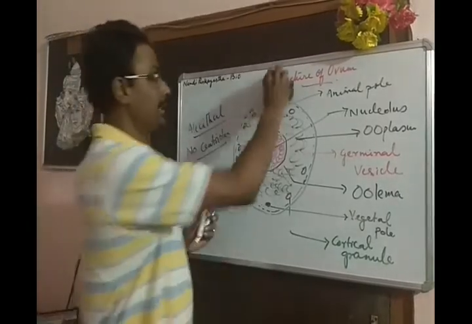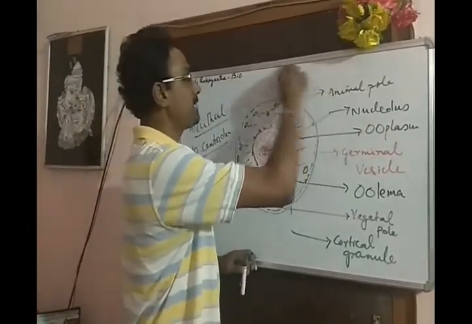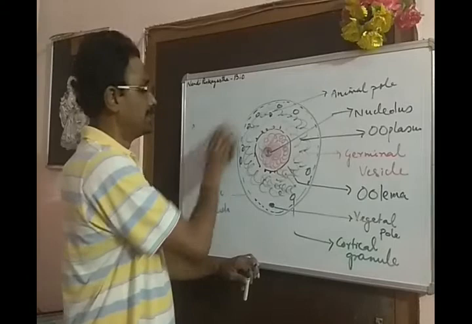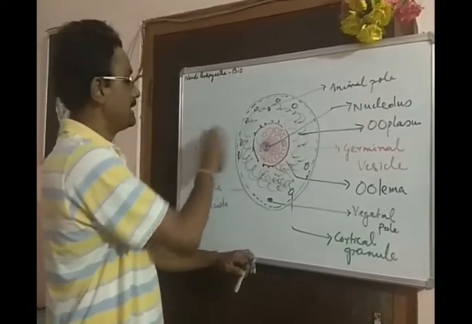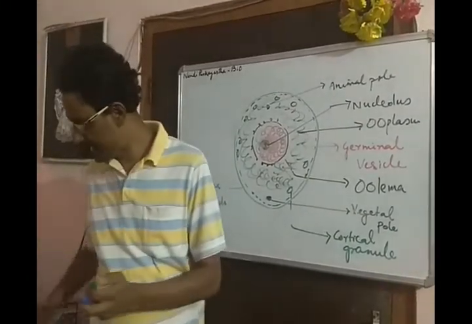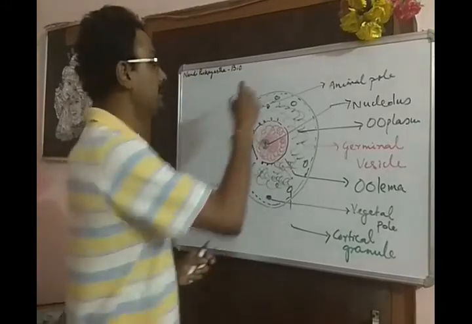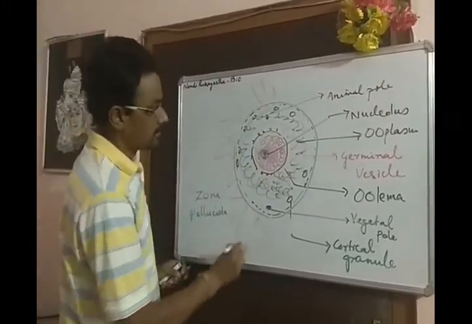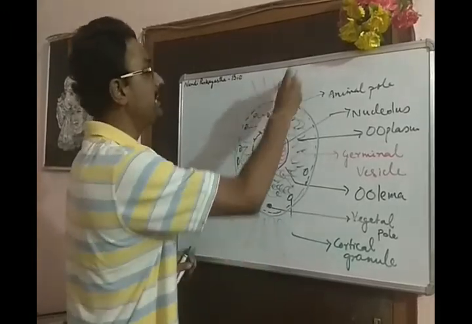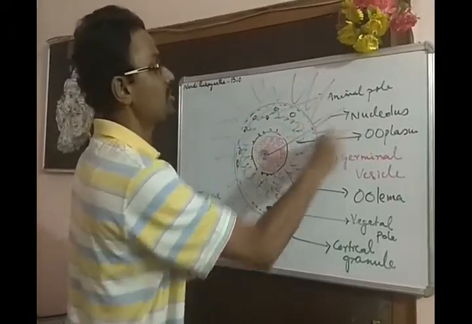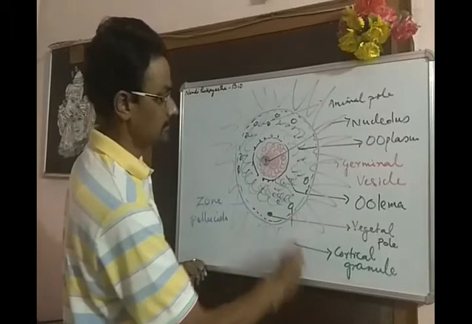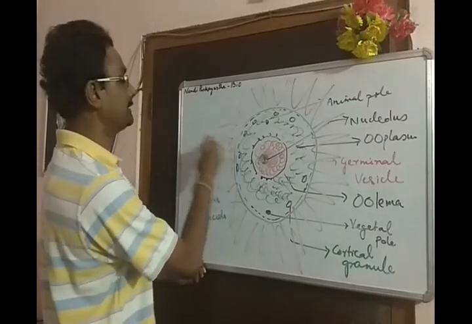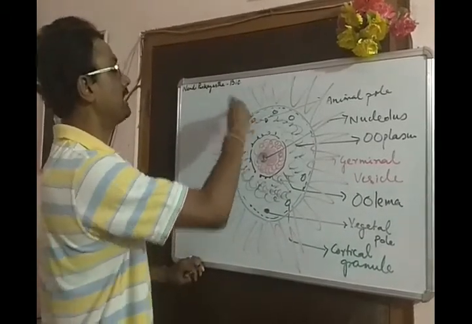Clear? Now, most important thing, I am rubbing this part. Here, it is having another layer that I will be putting like this. Radiating structure. Okay? These are the radiating structures you are finding here.